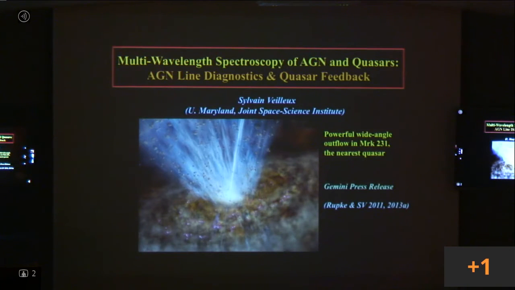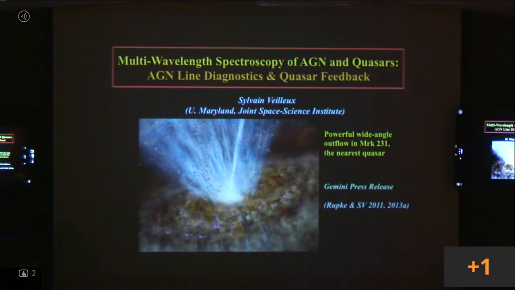We actually heard quite a bit about these AGN line diagnostics already, but I'll expand on them and give you a little bit of a historical perspective on how they can be used to constrain quasar feedback, which is really my main interest nowadays.